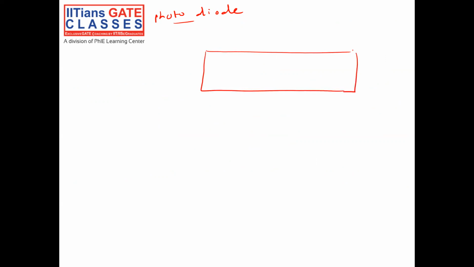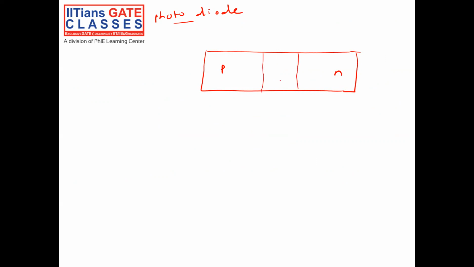Let us take a photodiode. There is a P region and an N region, and in between there is a depletion width.